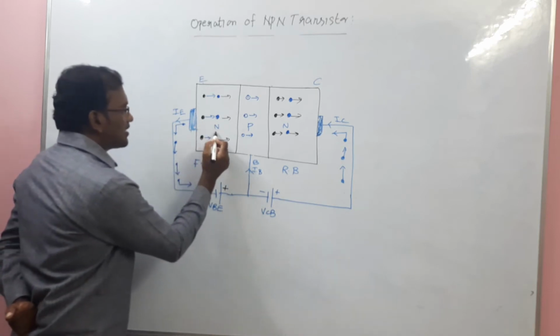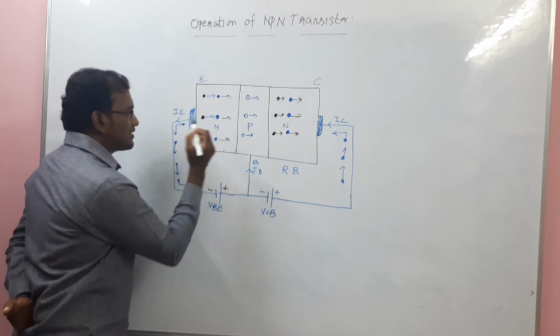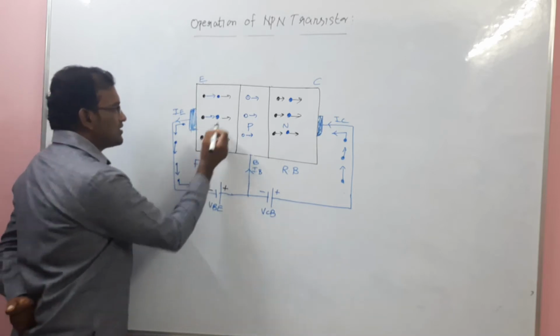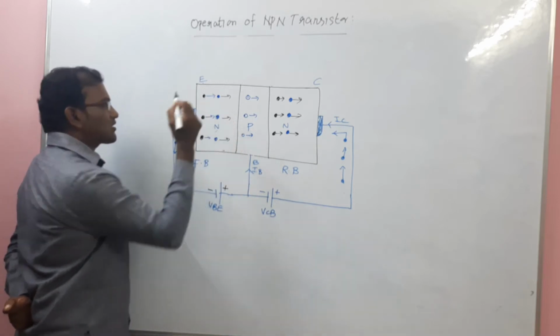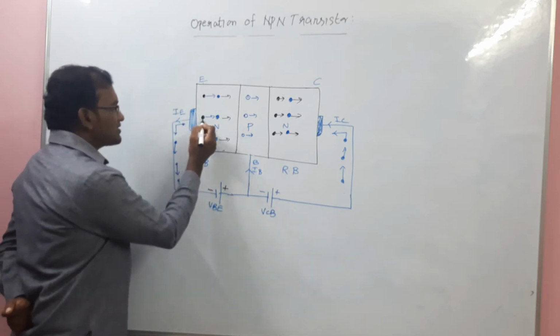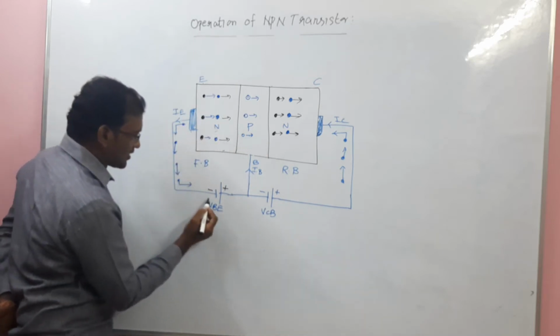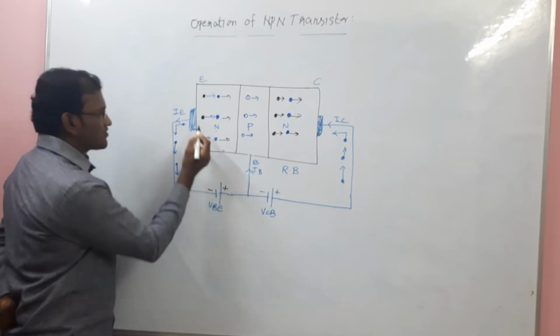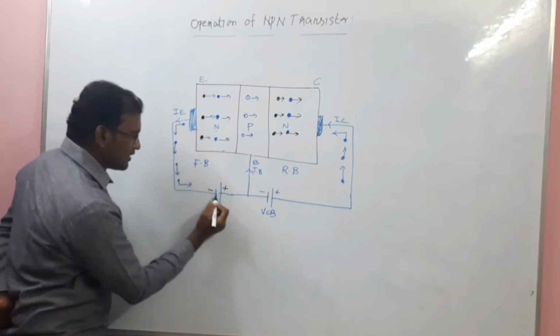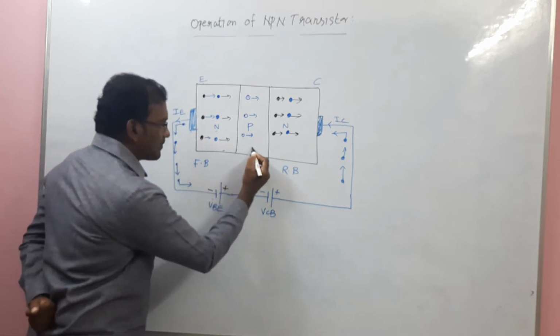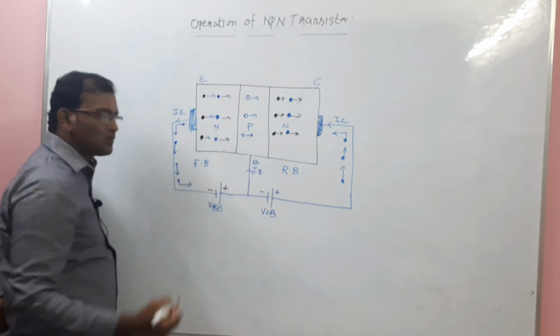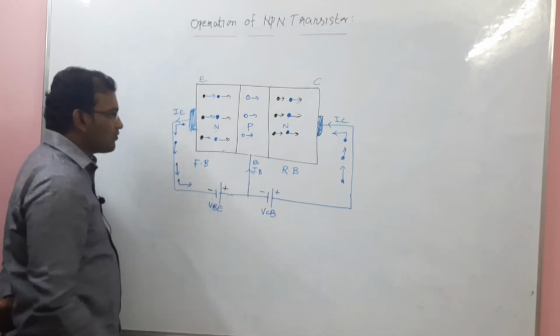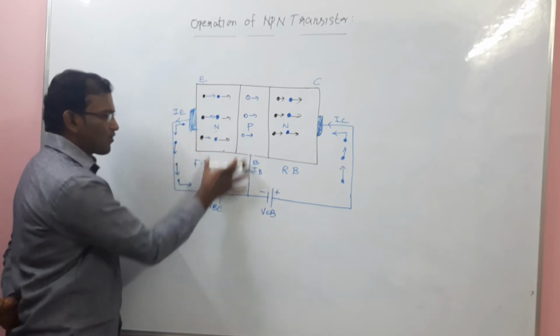In the emitter region the N type has electrons as charge carriers. N is connected to the negative terminal and the P type is connected to the positive terminal. This is nothing but forward bias.